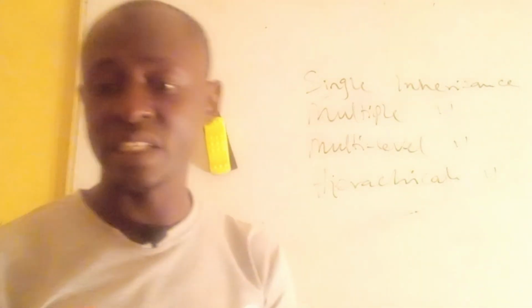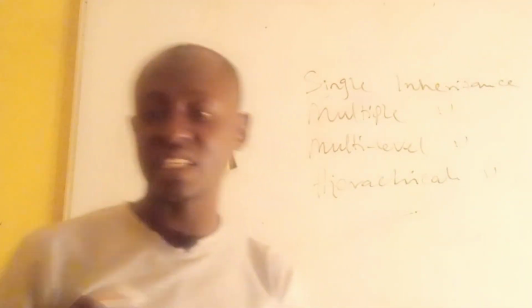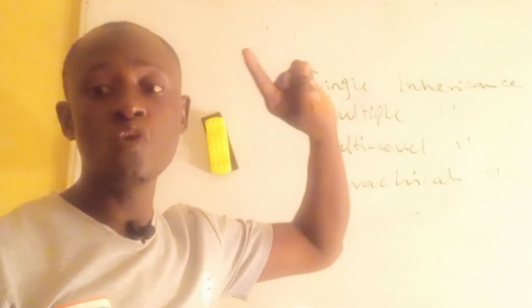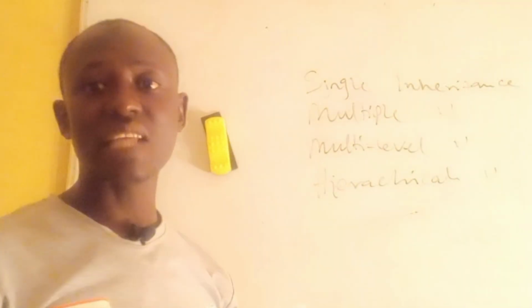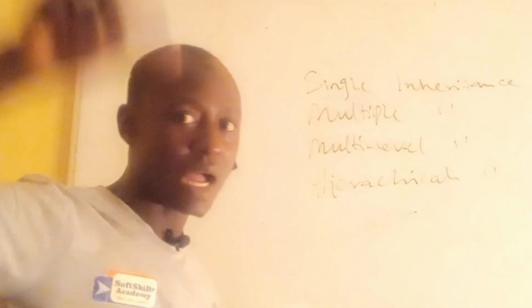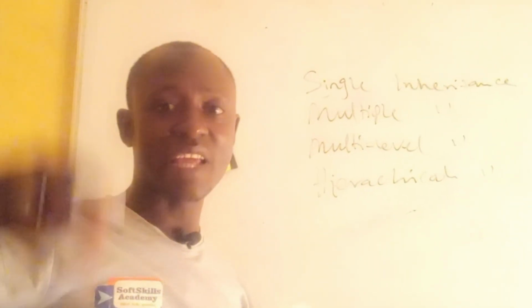In hierarchical inheritance, multiple classes inherit from a single superclass. Remember, multiple subclasses are inheriting from a single superclass. Are we getting the difference between hierarchical and single?